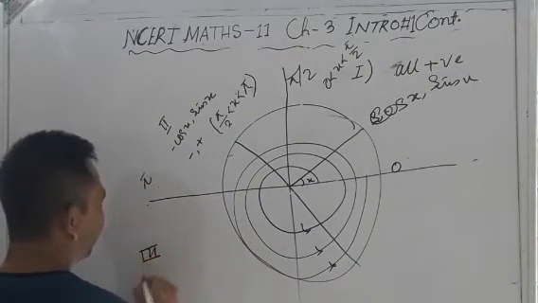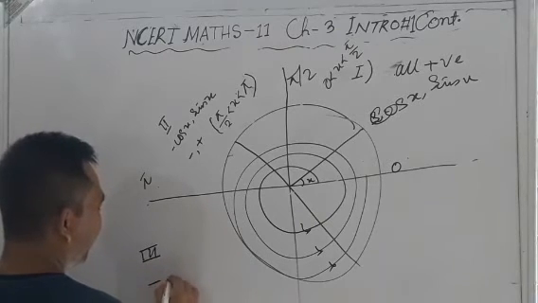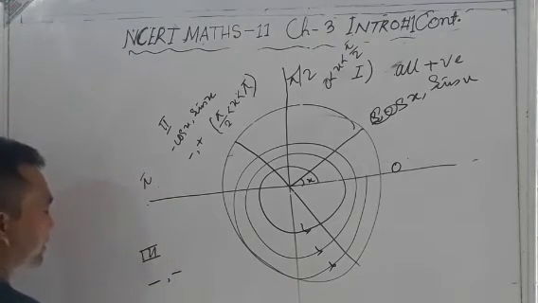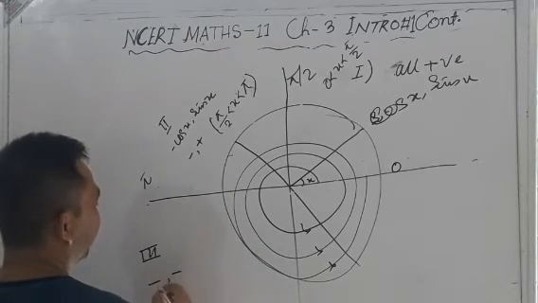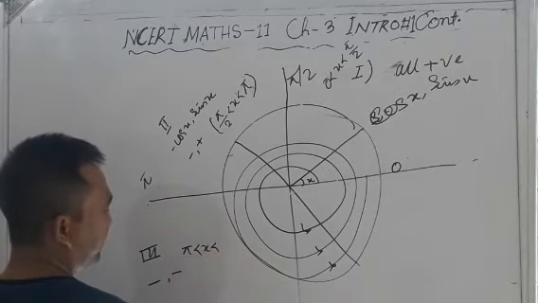And then next, third quadrant. In the third quadrant it is minus and minus. What is the condition here? Pi is less than x is less than 3 pi by 2.